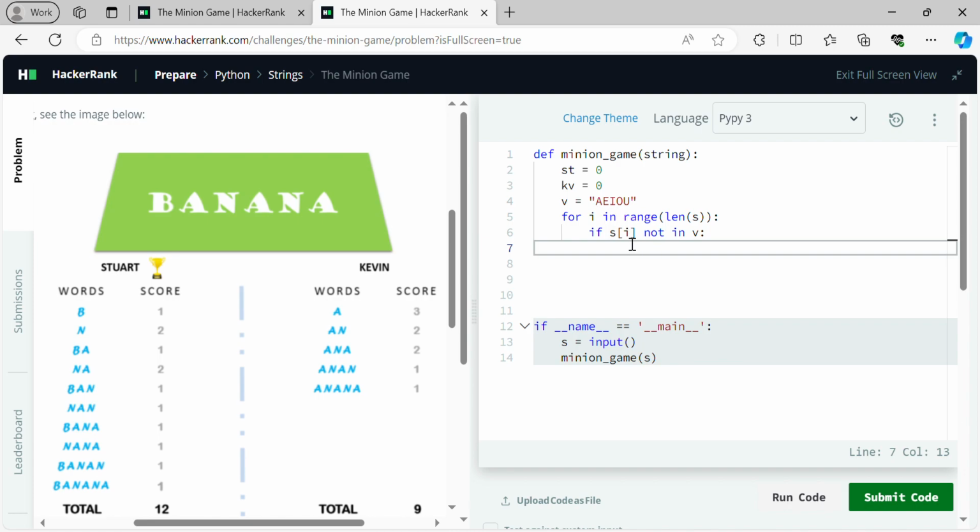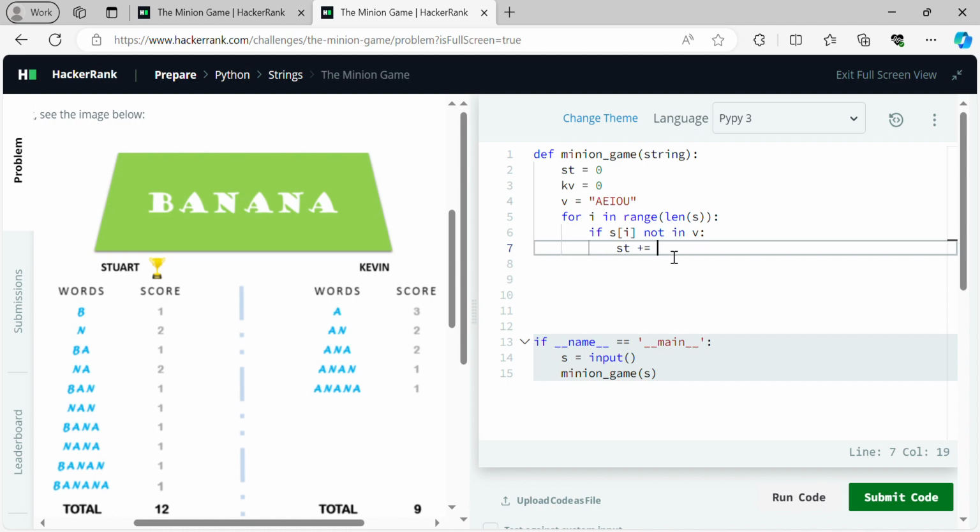So in the first iteration, the character is not present in the vowels, so it is a consonant only. So I will increment the score for Stuart. For Stuart, I am taking st equal to 0, and for Kevin, I will take kv equal to 0. After writing the code, you will get to know why I am writing all these variables and loops.